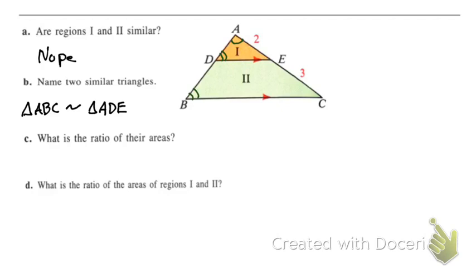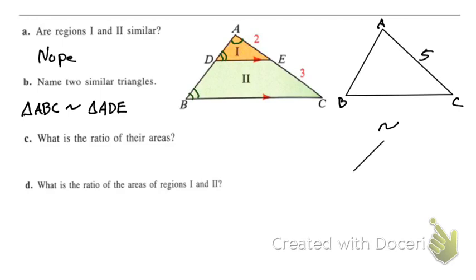I do want to note that if I draw just regular ABC off to the side, we have a length 5 on there. And that is similar to that small triangle.